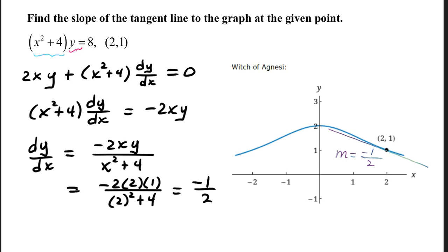Isolating for dy dx, we move 2xy across, it'll go negative, divide both sides by x squared plus 4, and then substitute 2 in for the x's and 1 in for the y. That'll give us a value of negative 1/2. That's the slope of this tangent line, negative 1/2.